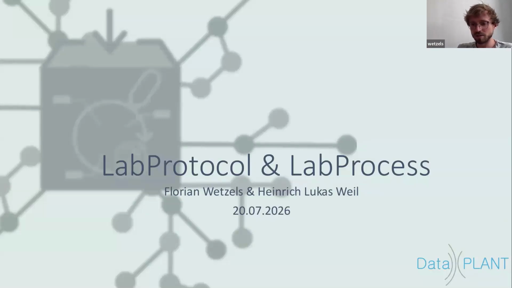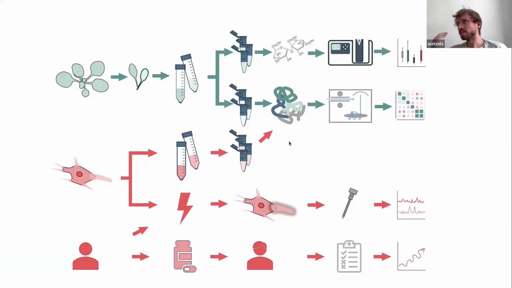What we are trying to model here are all kinds of laboratory processes where you have some entity, a cell, a plant, a chemical, whatever, and then you have processes that connect them. You take one sample, produce a new sample, or you take a sample, do a measurement, and you get some data.